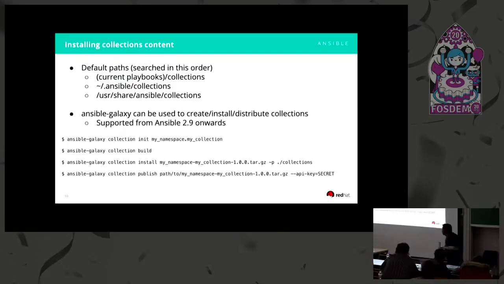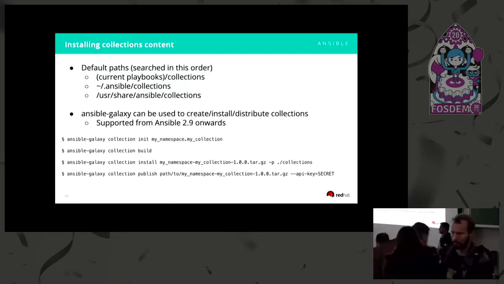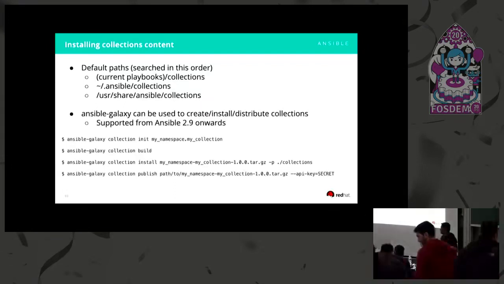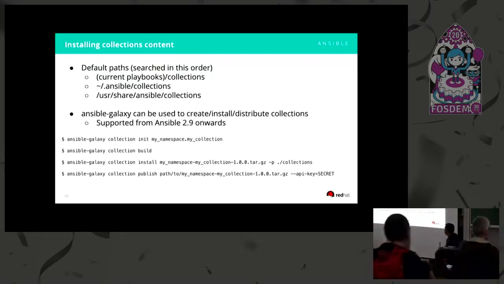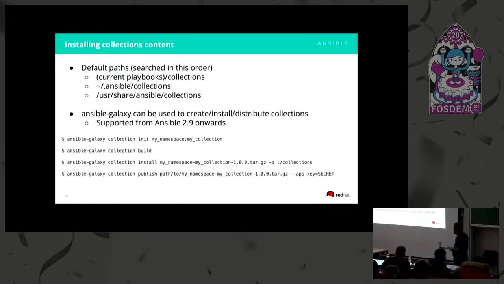For folks who have used roles, they might be aware of the Ansible Galaxy command to create, install, and distribute roles. Ansible Galaxy is being extended further to also support collections. Ansible Galaxy collection is a new keyword that is added in Ansible 2.9 onwards. The init command, with my namespace and my collection, creates the directory hierarchy that I had shown in the earlier slide.